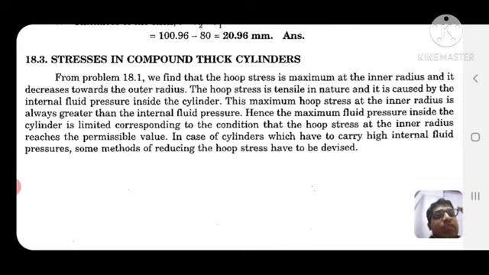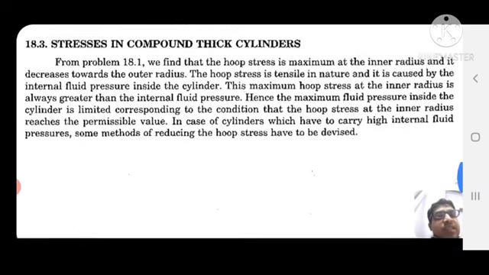This maximum hoop stress at the inner radius is always greater than the internal fluid pressure. Hence, the maximum fluid pressure inside the cylinder is limited, corresponding to the condition that the hoop stress at the inner radius reaches the permissible value.